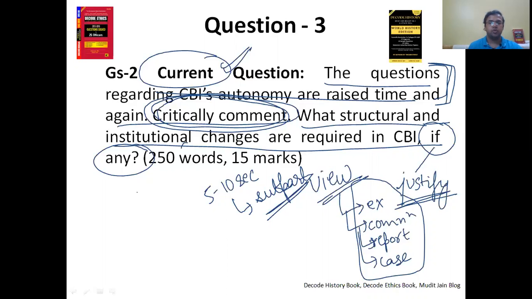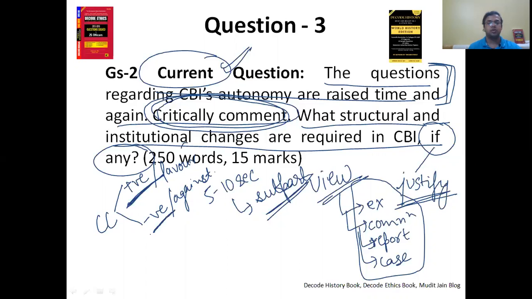So whenever you get a question to critically comment, you have to write both sides of the coin, that is positive as well as negative, or in favor of the statement and against the statement. So here the statement is, the questions regarding CBI autonomy are raised time and again, critically comment. So first would become that yes, CBI is autonomous.